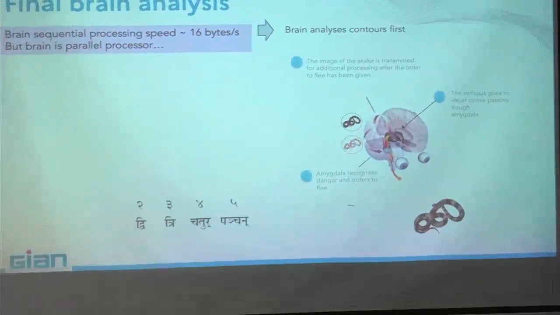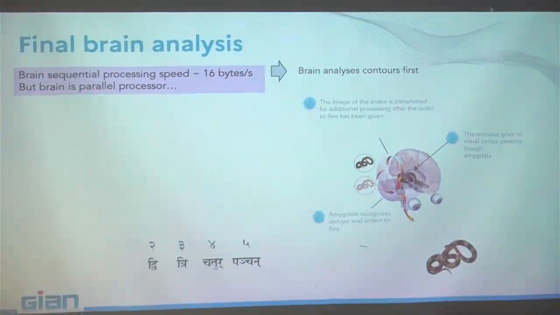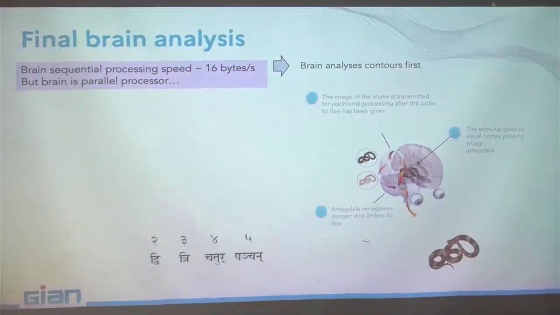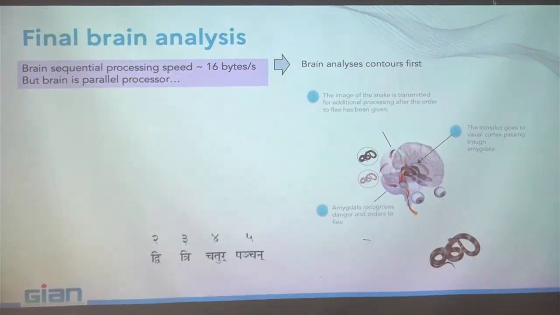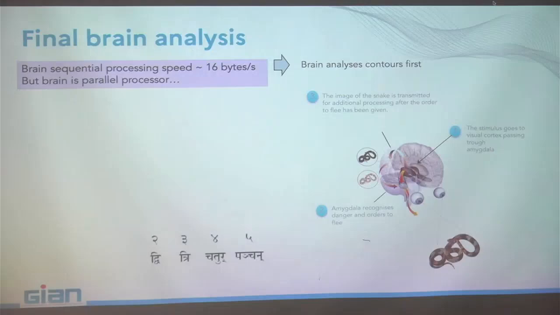You see the snake, the contour passes through the amygdala, is compared with the potential dangers, and it says, oops, snake, and automatically gives a reflex order to your legs to turn and go in the other direction as fast as you can. If you are an adult, you can control yourself and stay. But I have seen my daughter when she was 3 years old in the countryside.